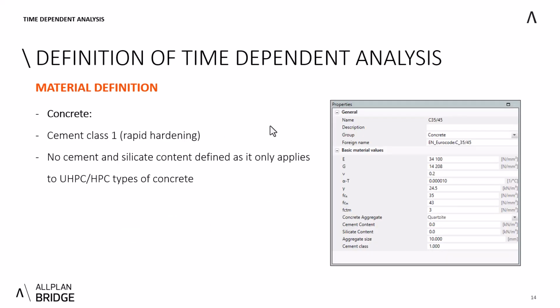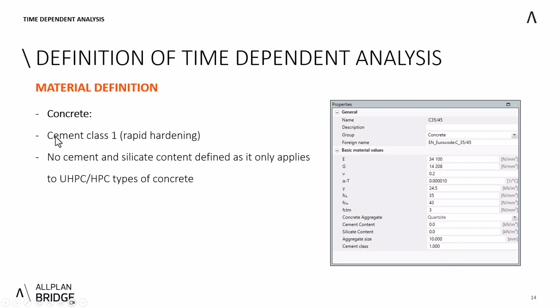Now let's take a look at what we have defined here from the material definitions point of view. So we have concrete, and as you can see already on the right side, we have the concrete strength class of C35 through 45. So this means it doesn't classify as high performance concrete or ultra high performance concrete. That's why we didn't set any cement content or any silicate content.